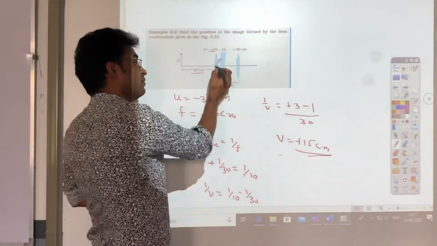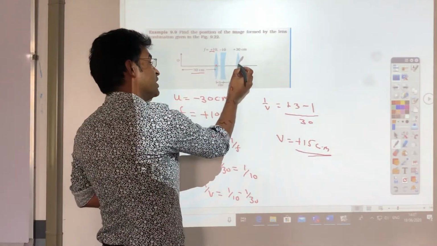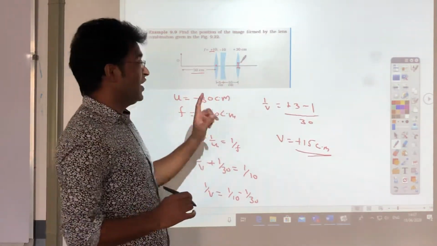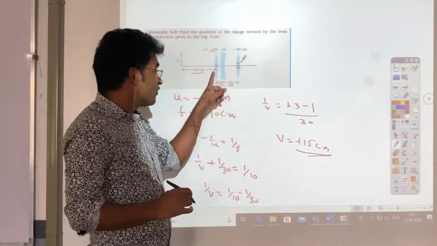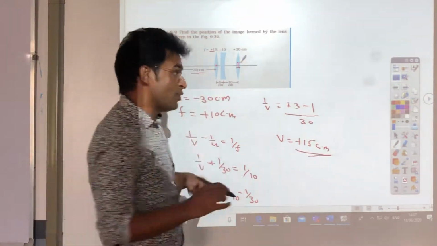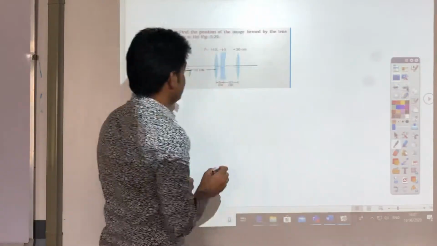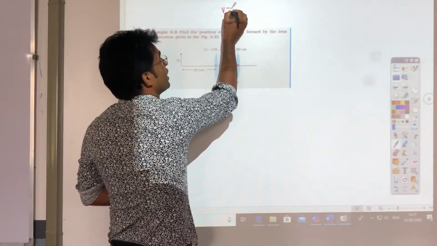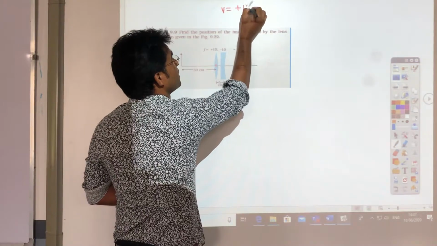15 centimeter from the first lens means 15 centimeter from here. It means the image by the first lens will form at the center of the third lens. Now what's the object distance for the second lens? The image by the first lens forms at the center of the third lens, with v equal to plus 15 centimeter.